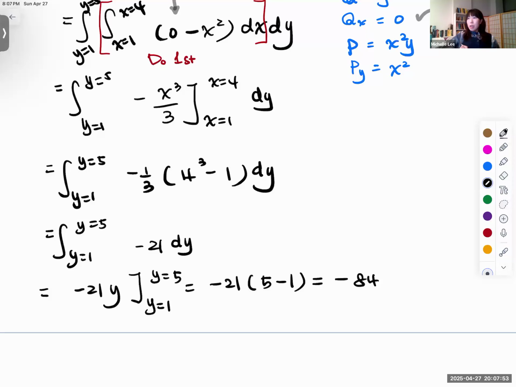Negative here means clockwise orientation, whereas if we had a positive, it would be counterclockwise. Good?